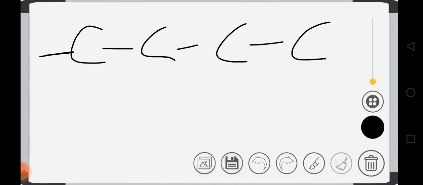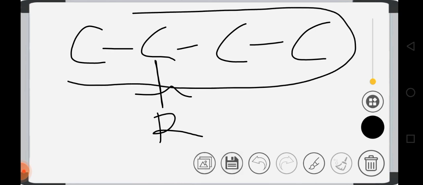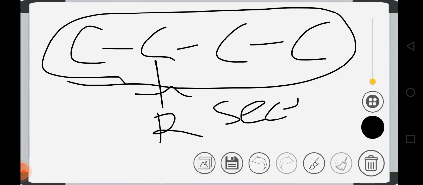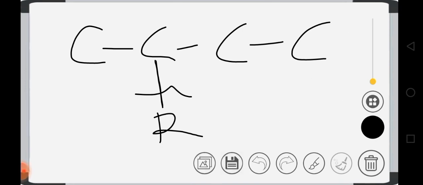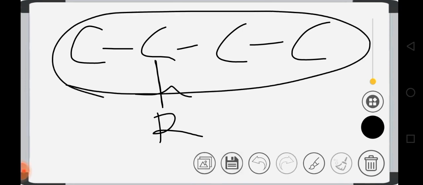But if this secondary carbon loses the hydrogen atom, and this one is attached to the arrow now, automatically this one as a substituent will be called secondary, or you call it sec-butyl. Sec what? Butyl. It's supposed to be secondary butyl, but we don't put the secondary. We just say this one is called sec-butyl.